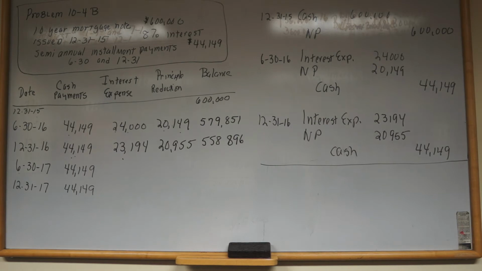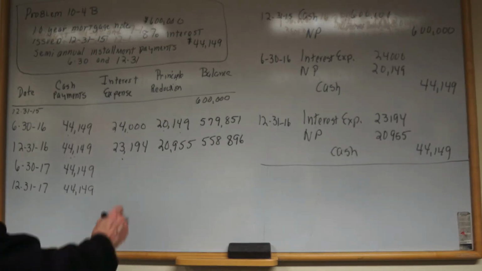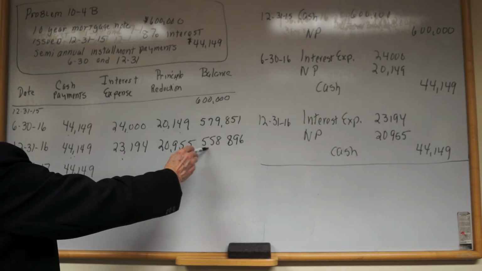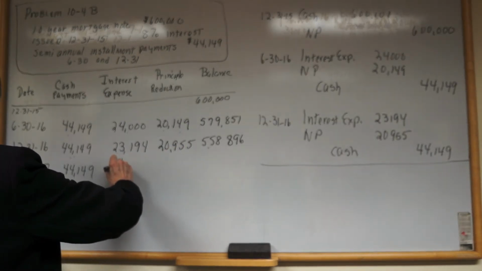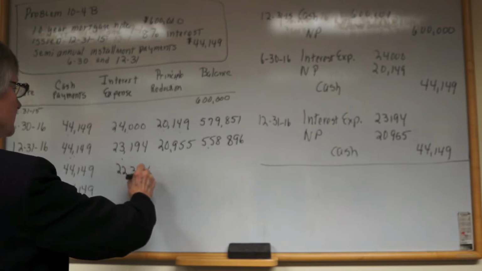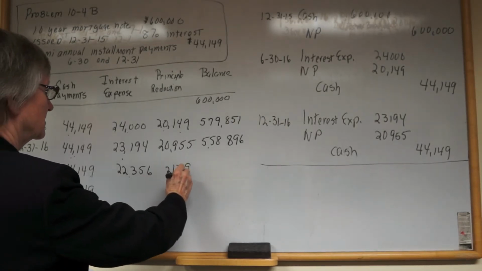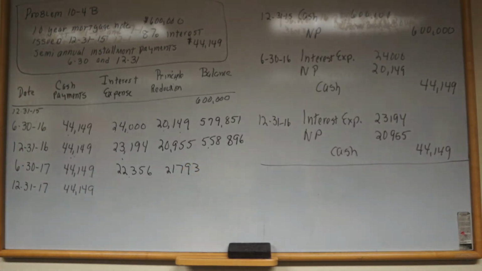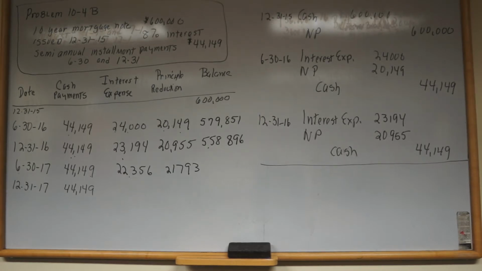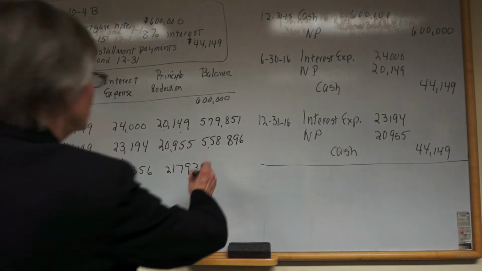Okay, so we would do the multiplication here, and we would go the 558 times the 8% divided by 2, which would give us 22,356. 44 minus that would give us 21,793. And we would end up with a new principal balance of 537,103.